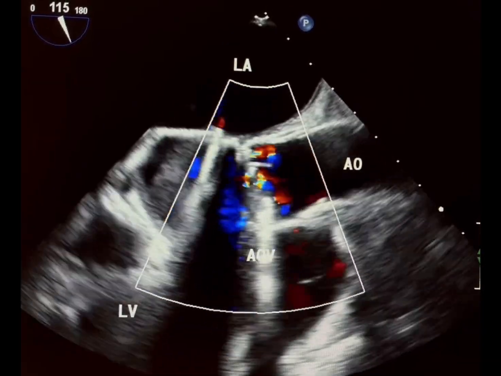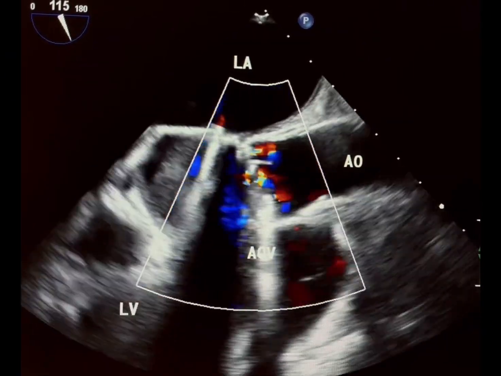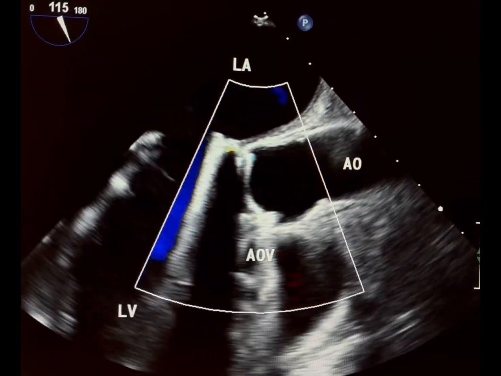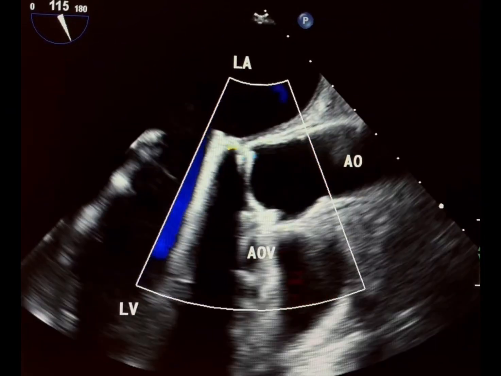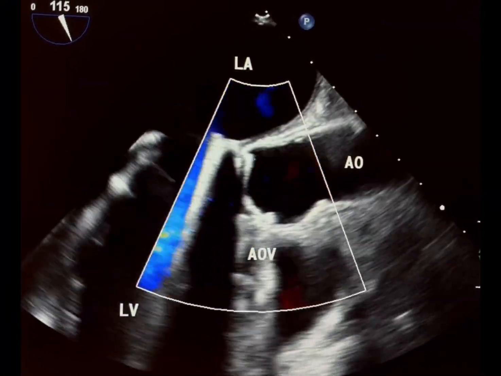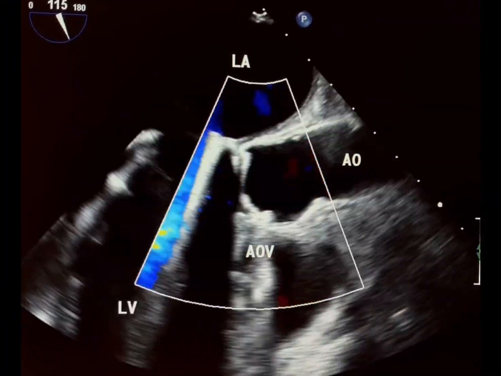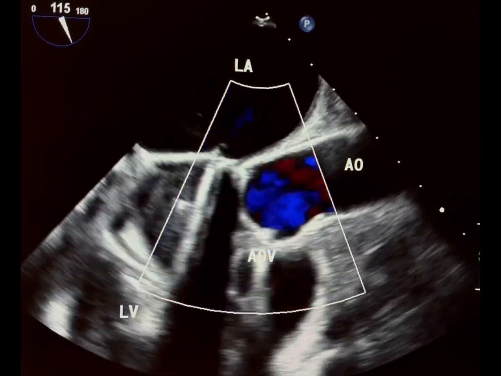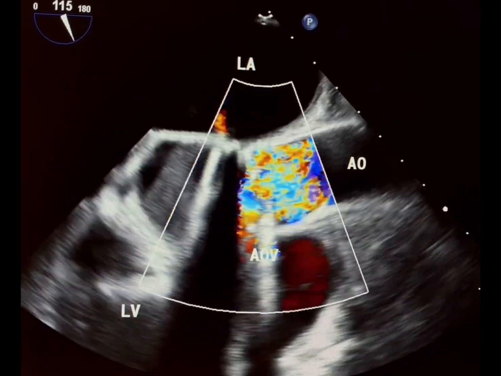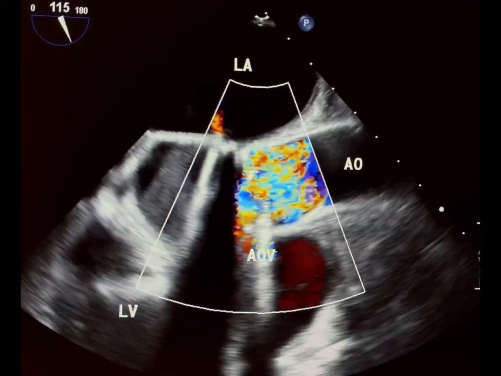Finally, the practical algorithm. Whenever you encounter a high prosthetic valve gradient, assess leaflet or disc motion. If abnormal, consider thrombosis, pannus formation, or valve degeneration. If valve motion is normal, calculate the indexed effective orifice area.